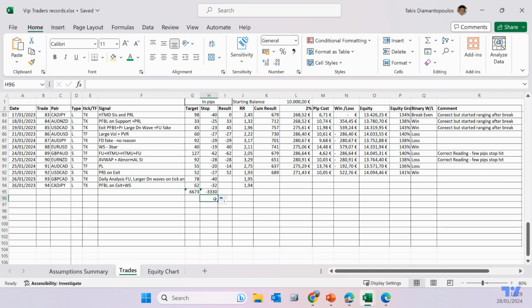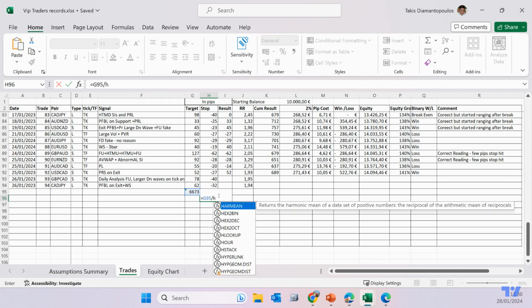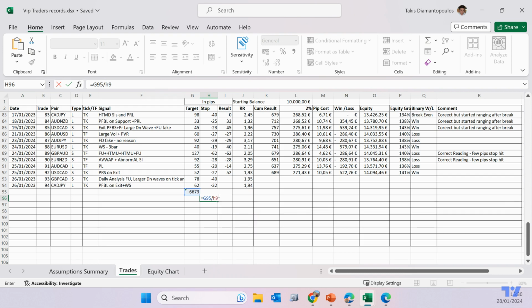So the average RR on all these trades is 1 to 2 ratio.